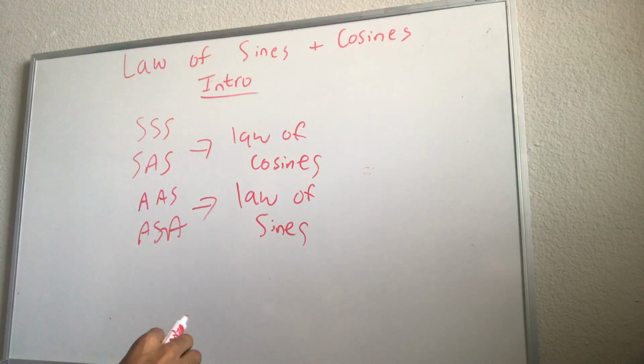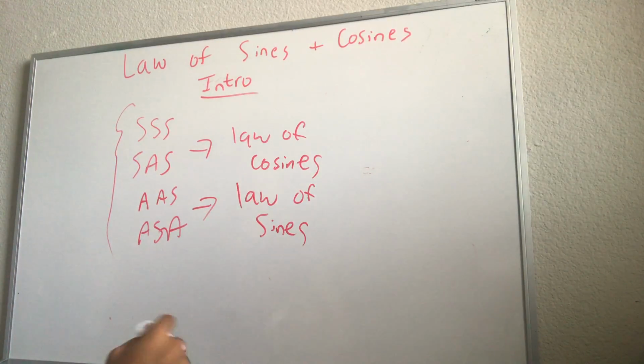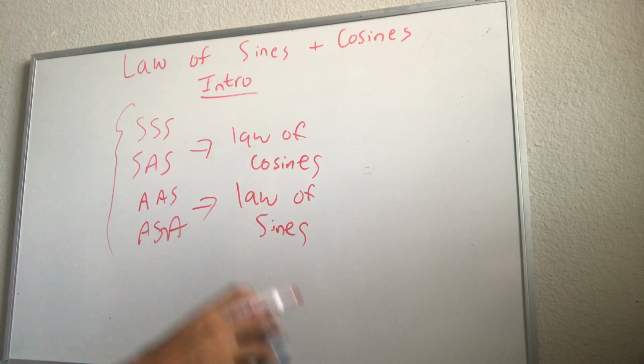So law of cosines is more for sides, law of sines is more for angles. There are other types of cases, but these four are the main ones: SSS, SAS, AAS, ASA. One with more angles, use law of sines. One with more sides given, use law of cosines.